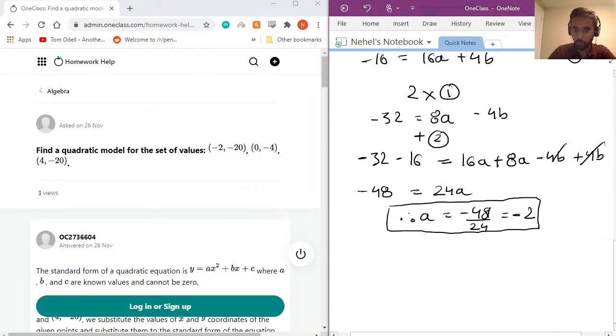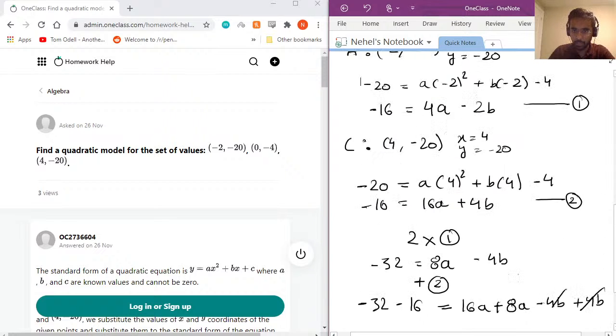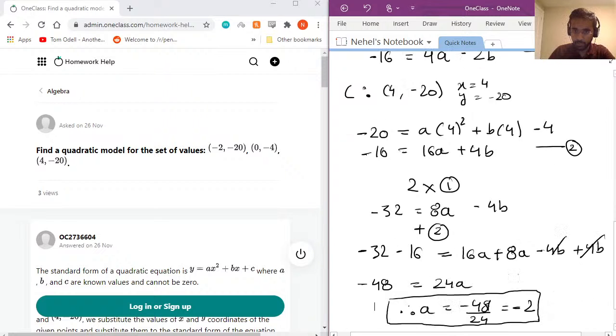So let's plug it into 1. So equation 1 was negative 16 is equals to 4 times a minus 2 times b. Let me just make sure, 4 times a minus 2 times b.